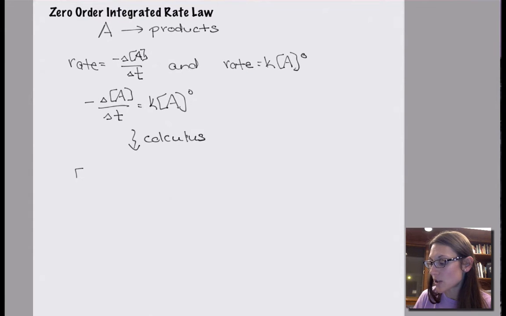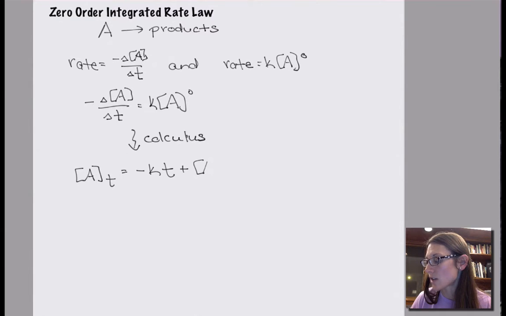And that relationship in my favorite form is that the concentration of A at time t is going to be equal to minus kT plus the initial concentration of chemical A. And this is going to be our core zero order reaction.